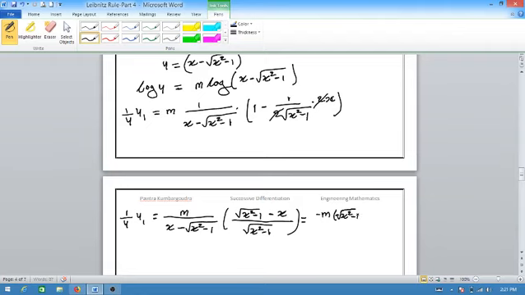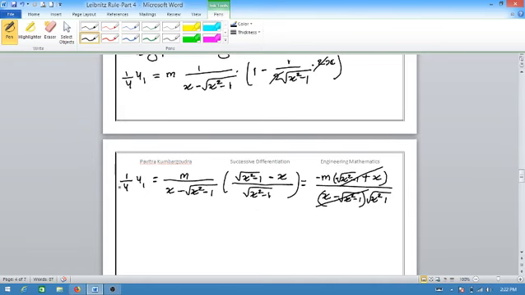So this is negative plus x divided by x minus root of x square minus 1 into root of x square minus 1. So this term and this term get cancelled, right? So that is y1 is equal to you will get minus my divided by root of x square minus 1, right?